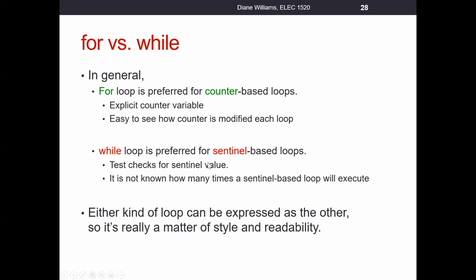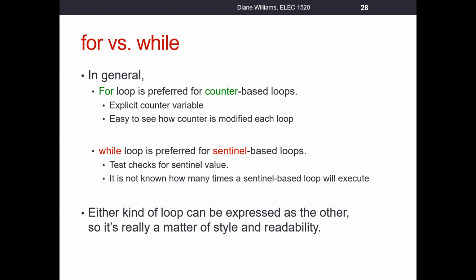A while loop is preferred for what we call sentinel-based loops. There's some sort of code that's going to check for some input, a sentinel value that indicates when that test condition will be false. An example is, suppose you're playing a game. You get to the end of your game and the question pops up and says, do you want to play another game? If you say yes, it restarts execution of a new game. If you say no, a lot of times your program ends.